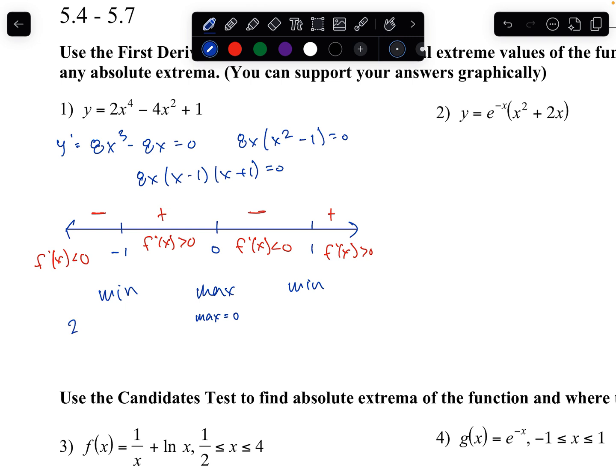And then if I plug in -1 there, that's still -4 plus 1. That's -2 plus 1. Yeah, 2 minus 4 is -2. -2 plus 1 is -1. Yeah, I did that right. So the minimum here is going to be -1. The minimum here is still going to be -1. Yep.